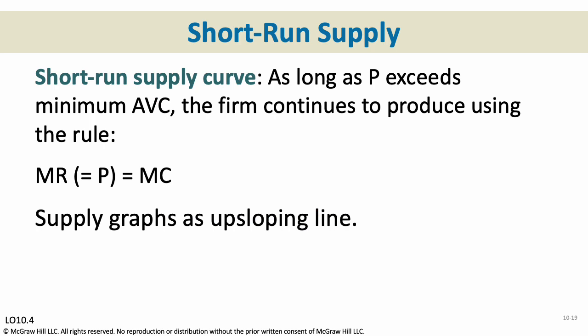As long as price exceeds minimum average variable cost, the firm will continue to produce using the rule of marginal revenue, or price, equal to marginal cost, and your supply graph is an upsloping line.